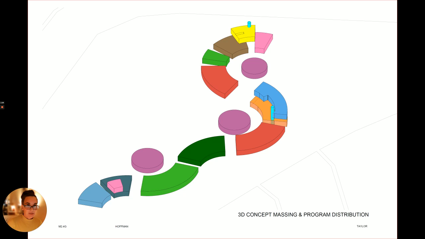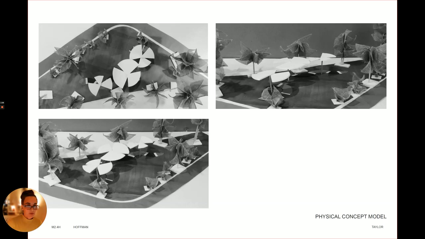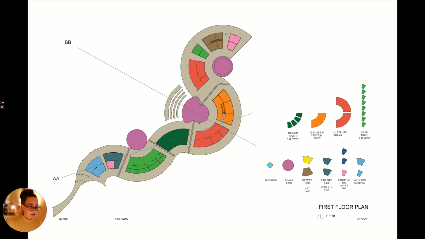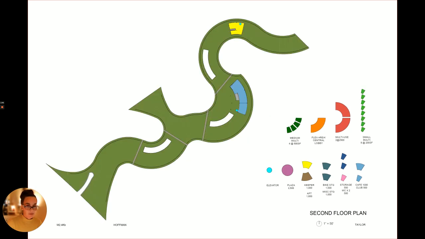My massing concept, an early physical model, explored isometric of the finished design, the first floor plan, and the second floor plan.